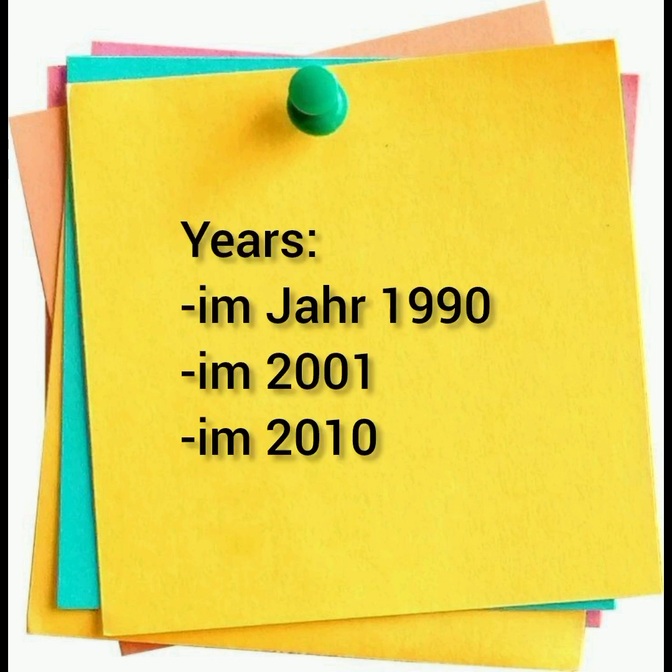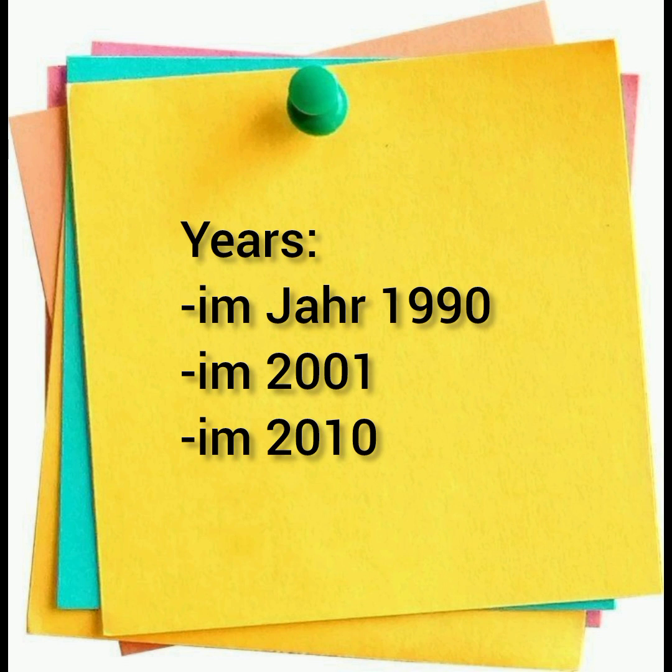Number two, we also use im with years. Examples: im Jahr 1990. If you say im Jahr, it means in the year. Im Jahr 1990 means in the year 1990. Then we have im 2001, in 2001. Im 2010, in 2010.